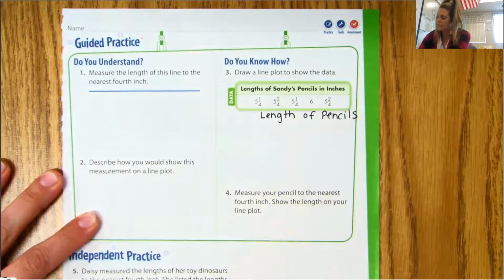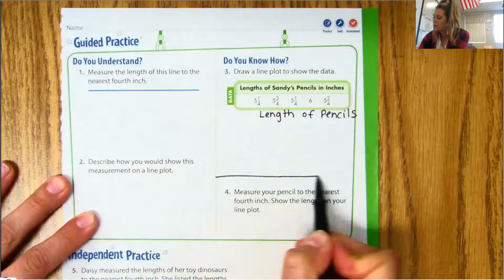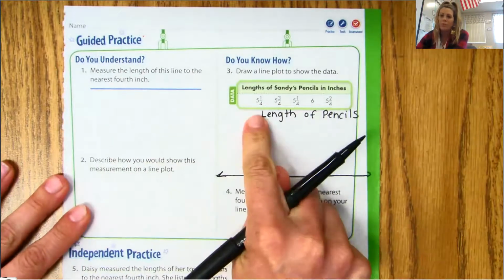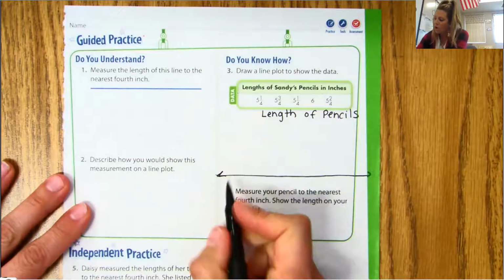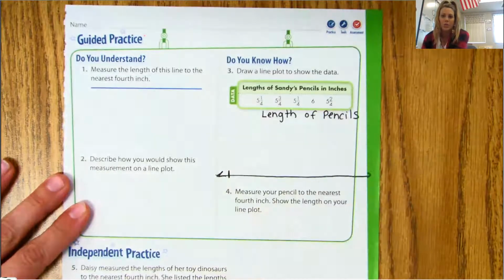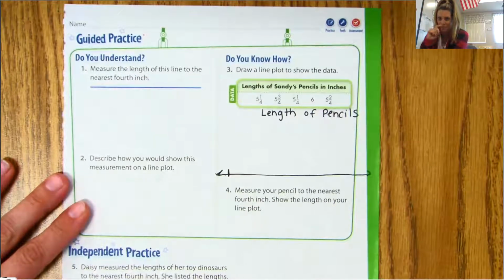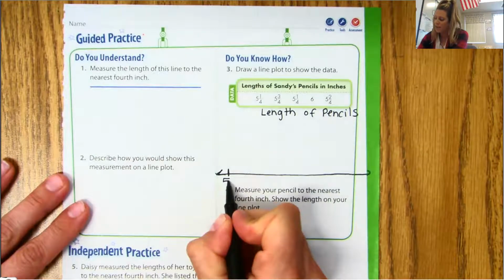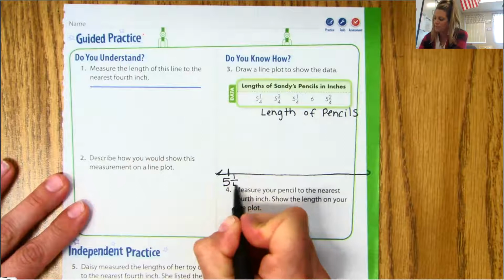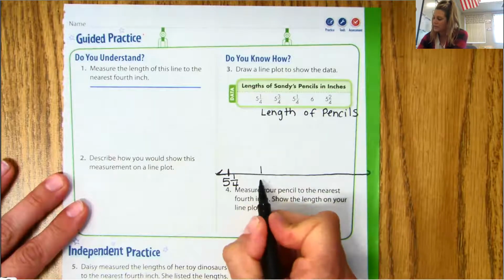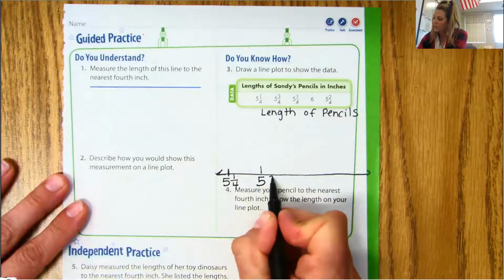Okay, the next thing we want to do is start our line plot. We want to remember that on the left side is always the smallest measurement. Which one is the smallest measurement? 5 1/4, right? Okay, so then what's the next one? What would come next? 5 2/4.